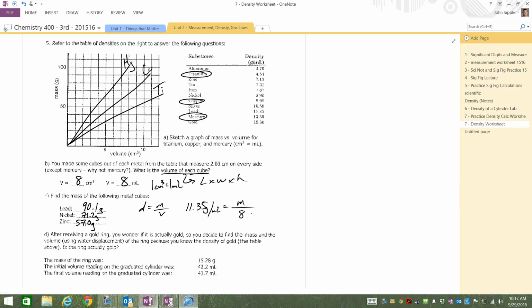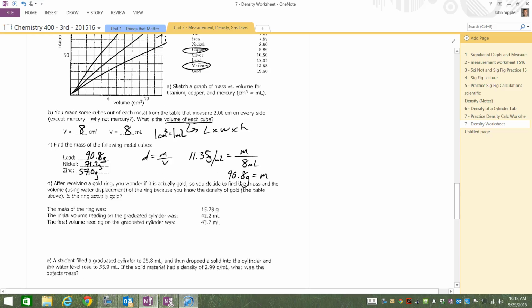So 11.35 times 8 is going to give us 90.8 grams of mass. Okay, is that good? Yeah. And then you've got to change the density for each of the other ones. Remember that? Any questions? Yeah, what's up? Yeah, absolutely. Just plugging and chugging.